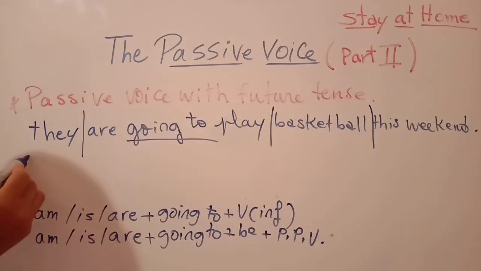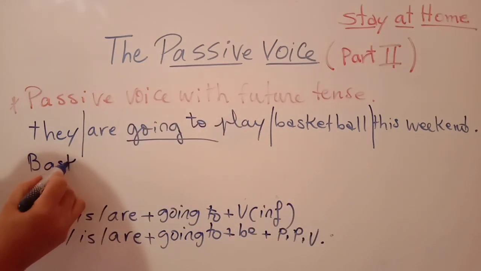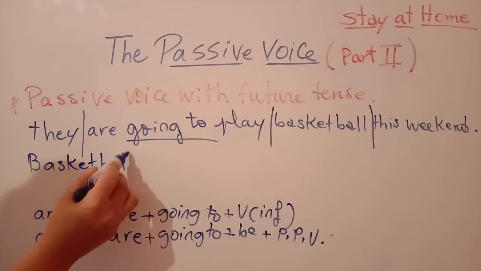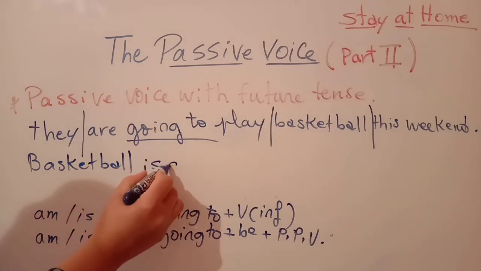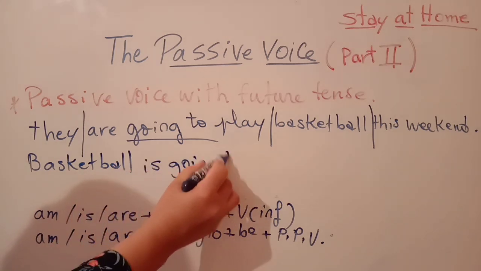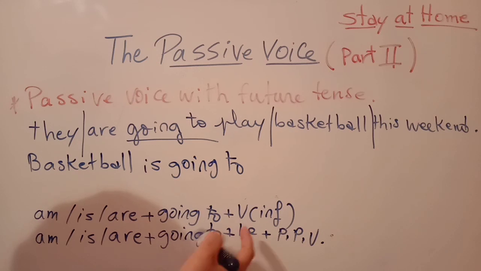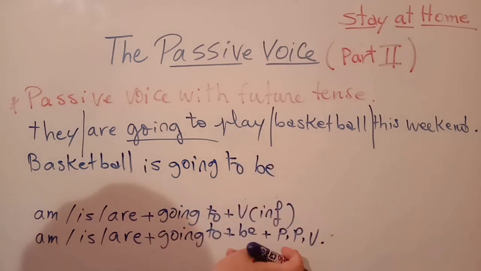So basketball becomes subject. Basketball, okay? So here basketball is singular, so we are going to use is going to plus be, okay? Plus past participle of the verb to play.